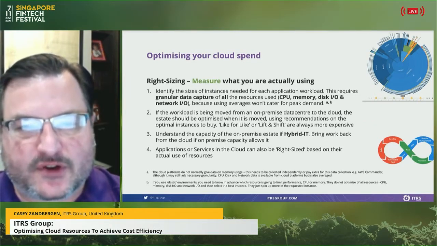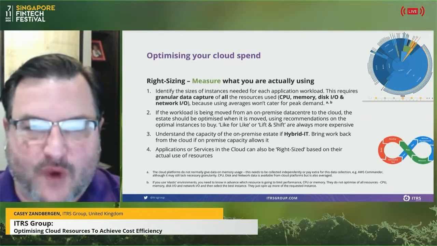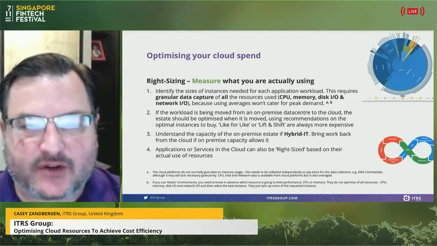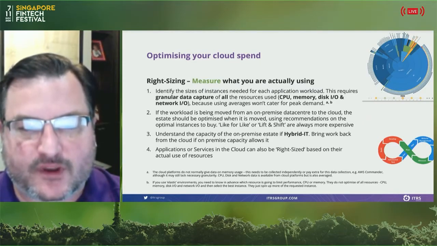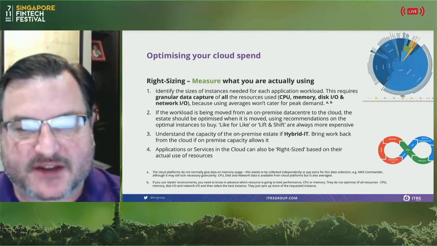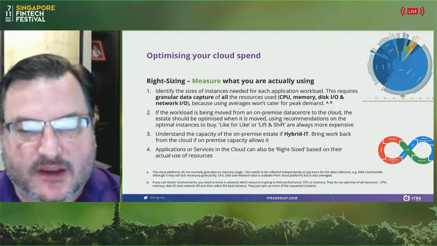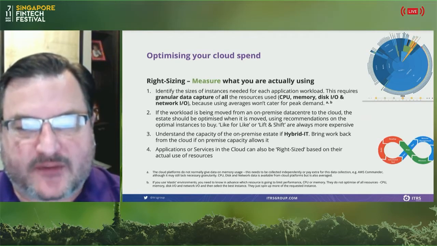So the first thing that we want to do is think about how you right size, i.e., how do you know exactly how much CPU, memory, disk I/O, and network you're using, so that you can then think about exactly what the workload is that you need to move from your on-prem data center to the cloud. In other words, you could just do a like-for-like shift. I've got a certain CPU, a certain amount of memory, a certain amount of disk I/O.